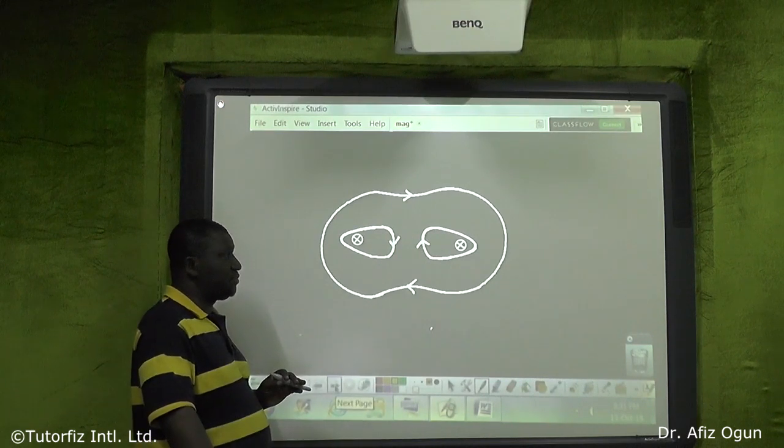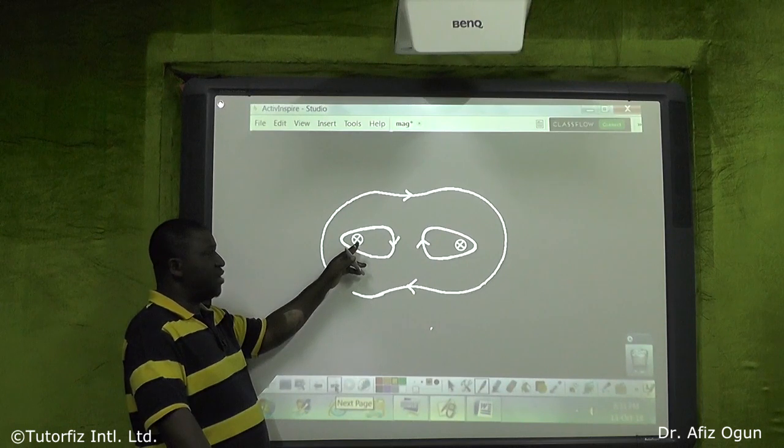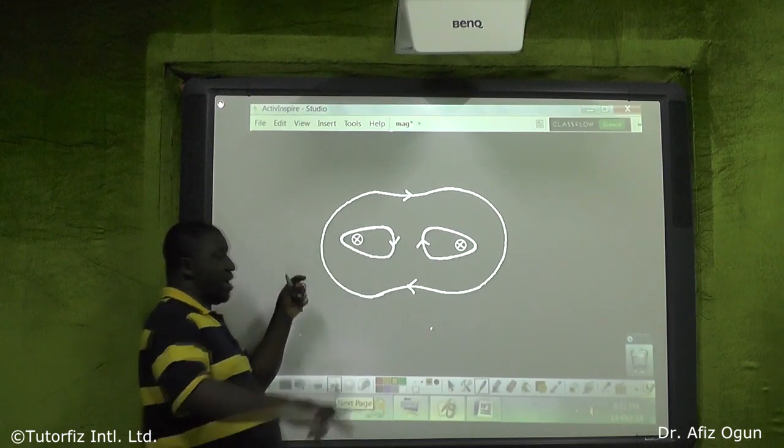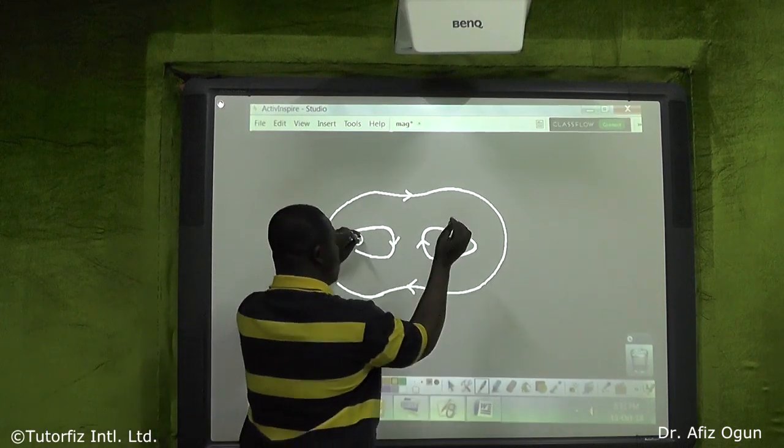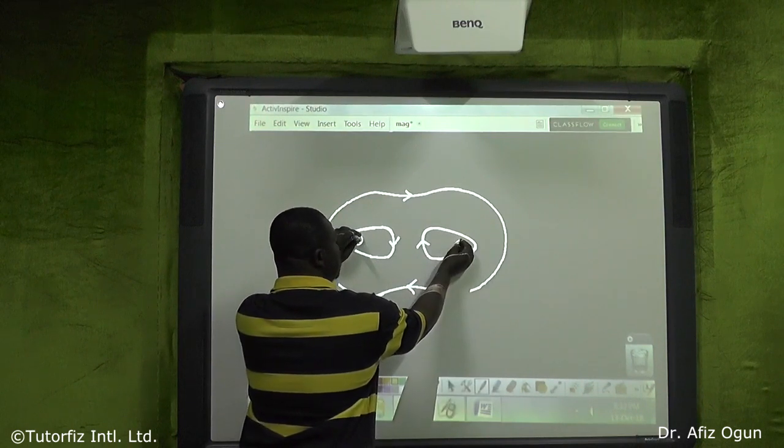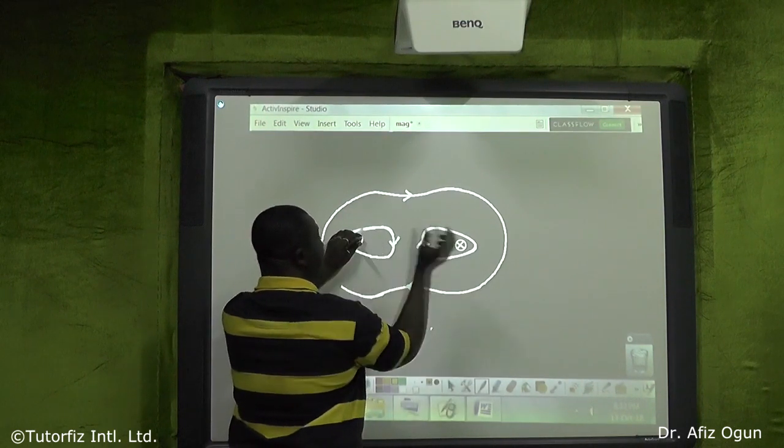What I'm showing you now is this wire. There's a wire into the board, and there's another wire moving current into the board. So into and into.